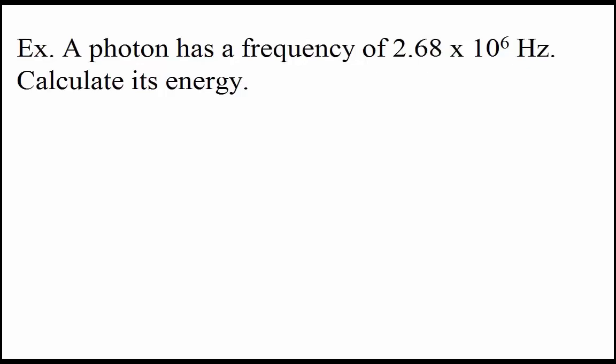We have learned already how to relate frequency and wavelength with the speed of light equals frequency times your wavelength. In this problem, we have your energy equals Planck's constant times frequency. So this equation is allowing us to relate frequency and energy.